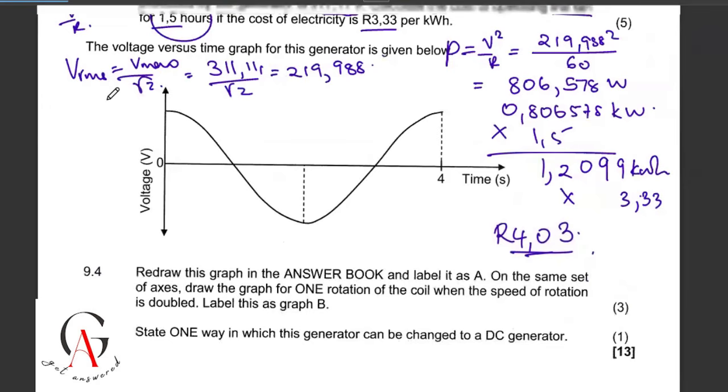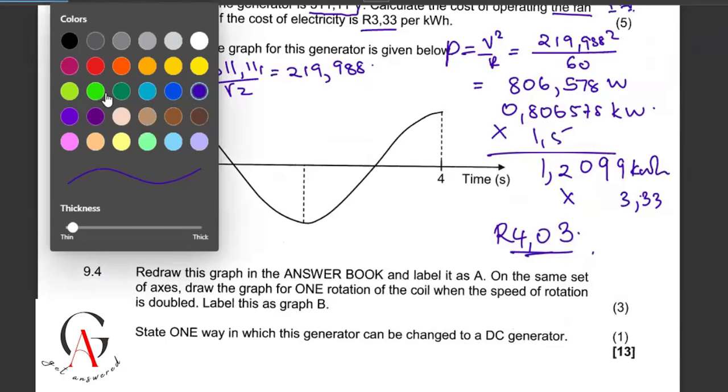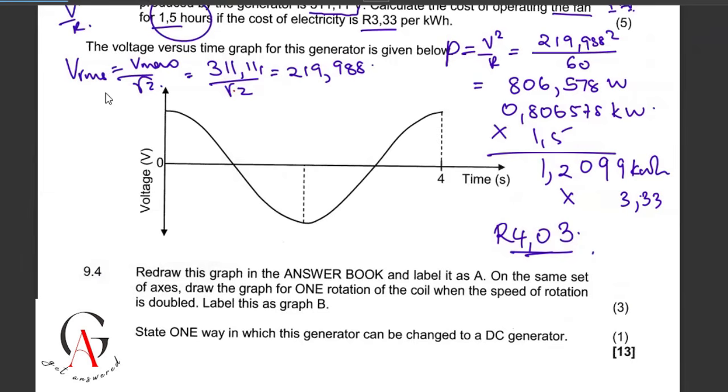And then we have the voltage versus time graph for the generator given below. Okay, redraw this graph in the answer book, label it as A. And then on the same set, we need to draw one rotation of the coil when the speed is doubled. So when you increase the speed, instead of starting from here, the graph is going to start at this point.